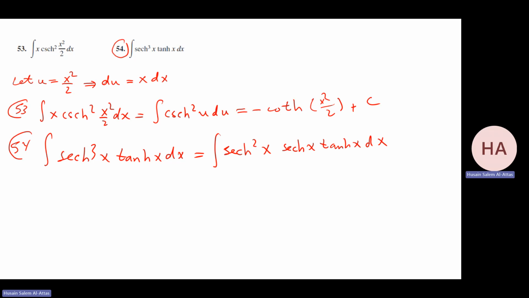I'll try to rewrite this. This is my du with the minus sign, so I need the minus sign outside. I let u be secant hyperbolic x, du, I need a minus sign.